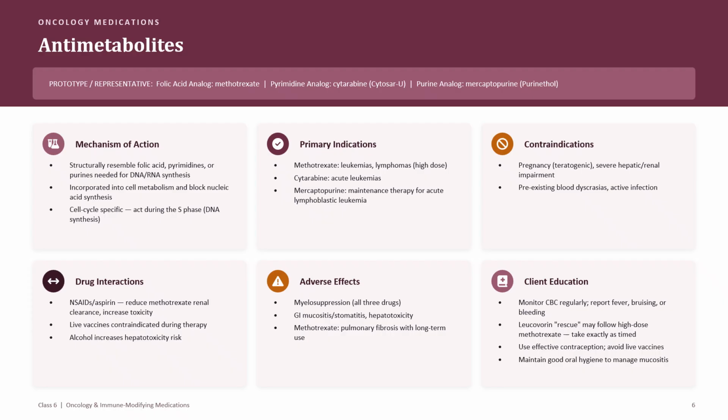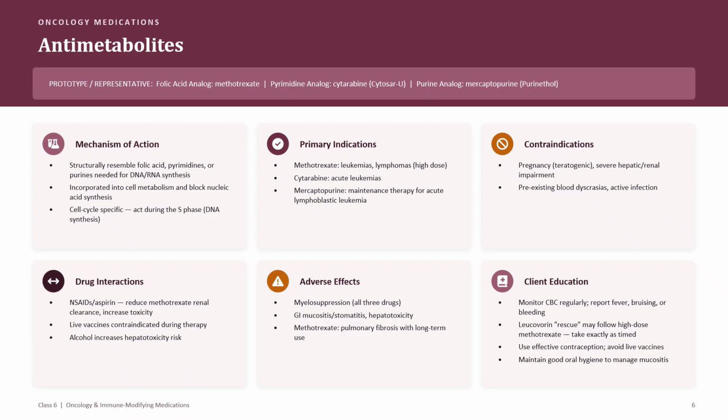I'm not going to walk through every contraindication or interaction bullet on the slide. They're right there, and honestly, most of them follow logically once you know the mechanism. So ask yourself, this medication suppresses bone marrow and it's teratogenic. What would you expect to be contraindicated? Do you know what teratogenic means?